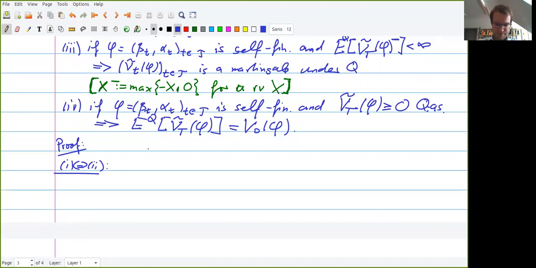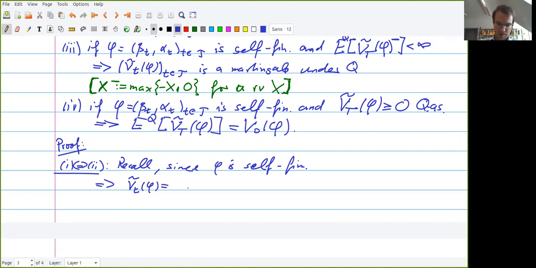So let us recall that since phi is self-financing, we can represent the discounted value process at time t as the initial capital we have plus our discounted gain process, right?